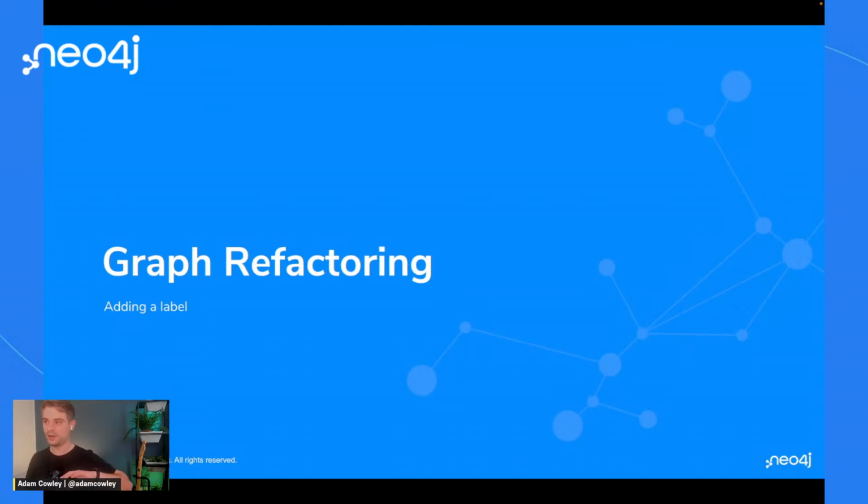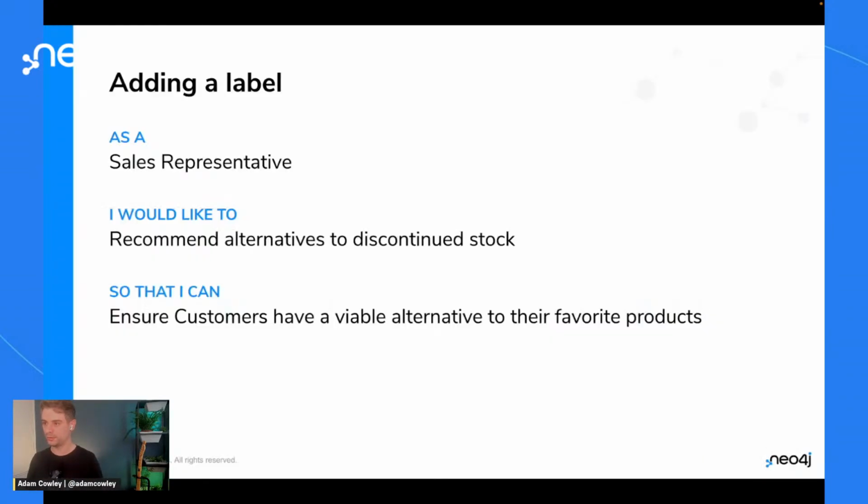So I think adding a label is one of the simpler things that we can do. Let's take this example. As a sales rep, I would like to recommend alternatives to discontinued stocks to ensure that customers have a viable alternative to their favorite products.